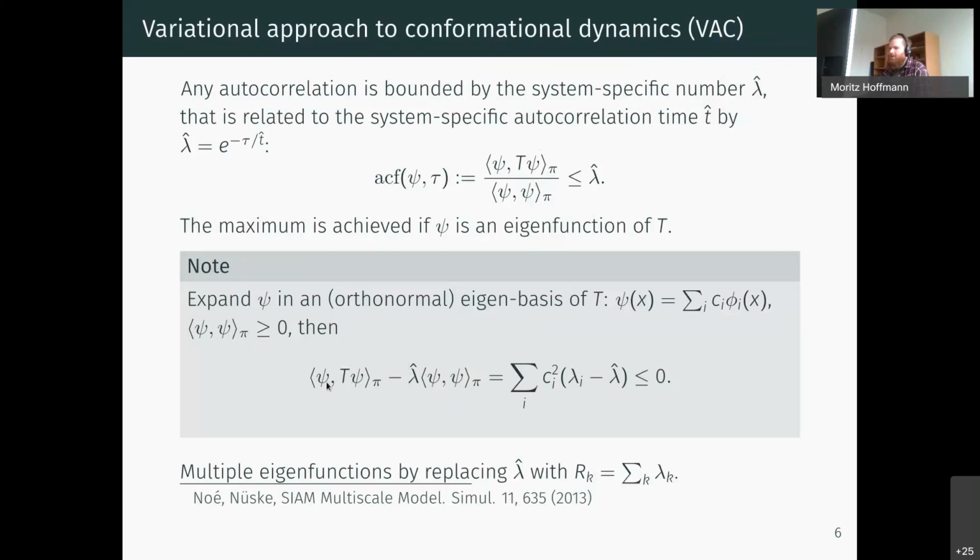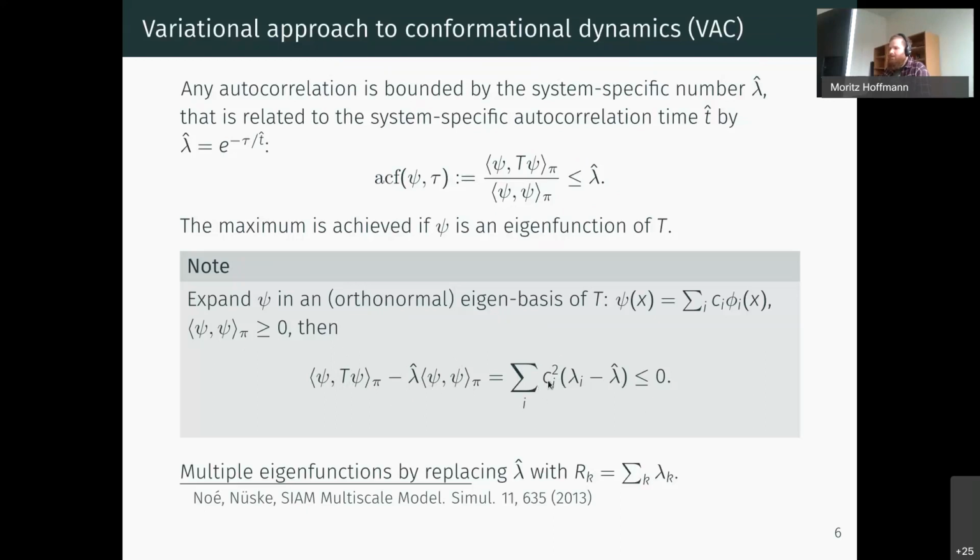Yeah? So we have the difference between <psi, T psi> under the scalar product minus lambda hat <psi, psi>. Okay, of <psi, psi> we know it is greater or equal 0. And here, if we assume that it is an eigenfunction of T, we can insert lambda_i psi, right? Or lambda psi. And then what we get, if we evaluate this, is just the sum.